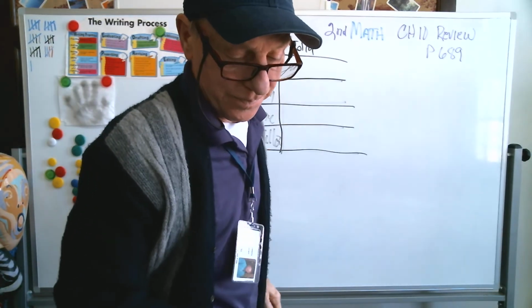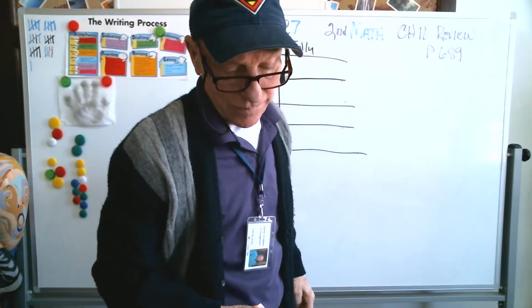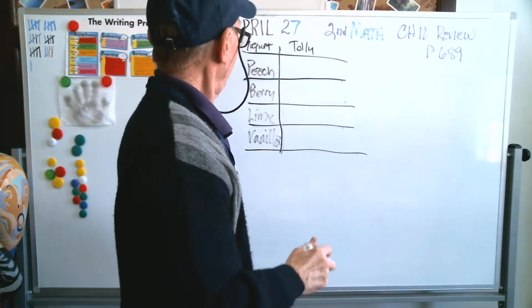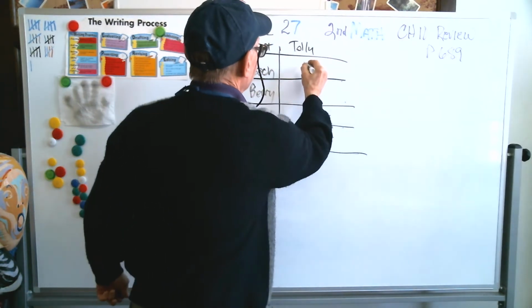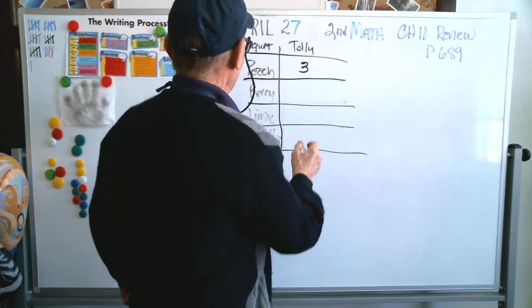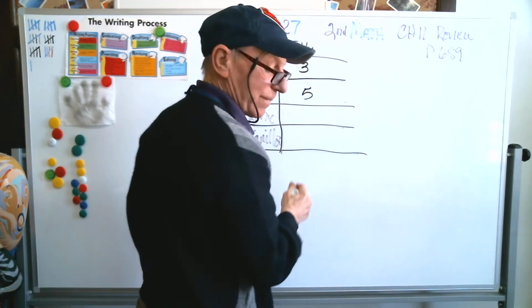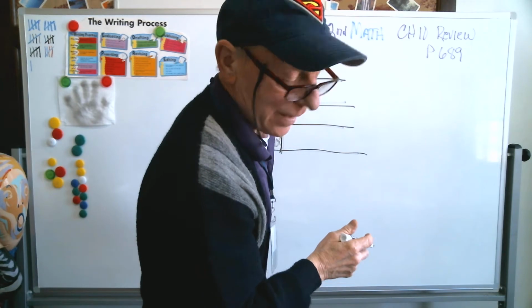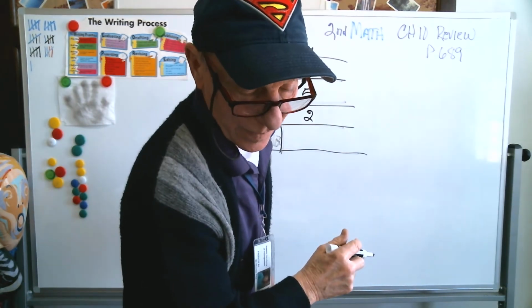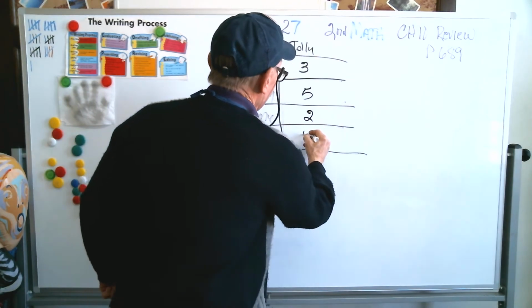Now, it says there, peach had 3, berry had 5 friends, lime had 2, and vanilla had 7.